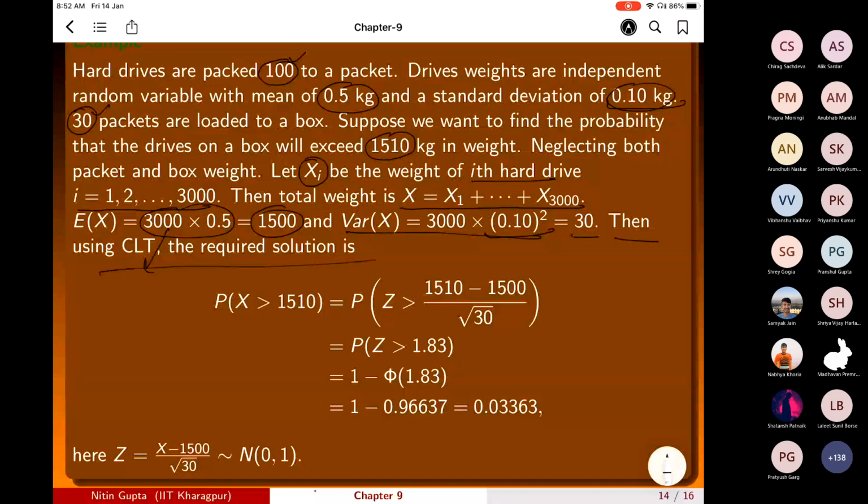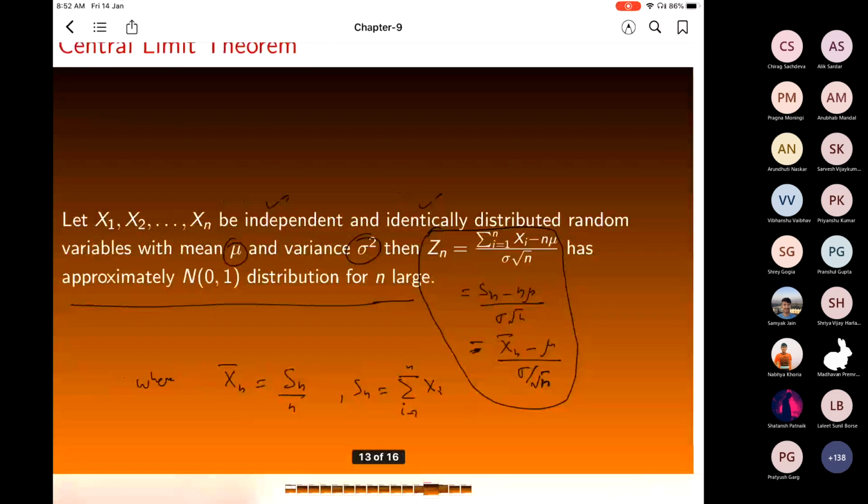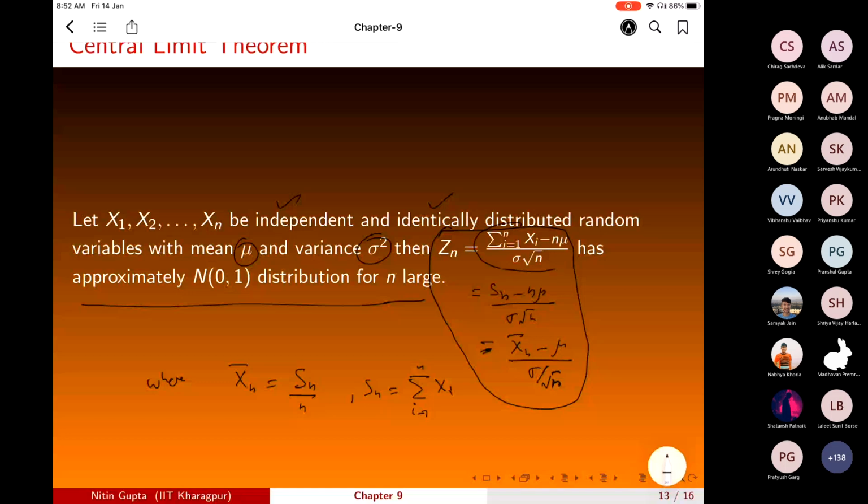Then using the central limit theorem, the required probability is the probability that x is greater than 1510. Using the central limit theorem, you can write down that the total weight will follow the standard normal distribution. So z is greater than 1510 minus, because of this, summation xi minus n mu by sigma root of n, or xn bar minus mu by sigma root of n.